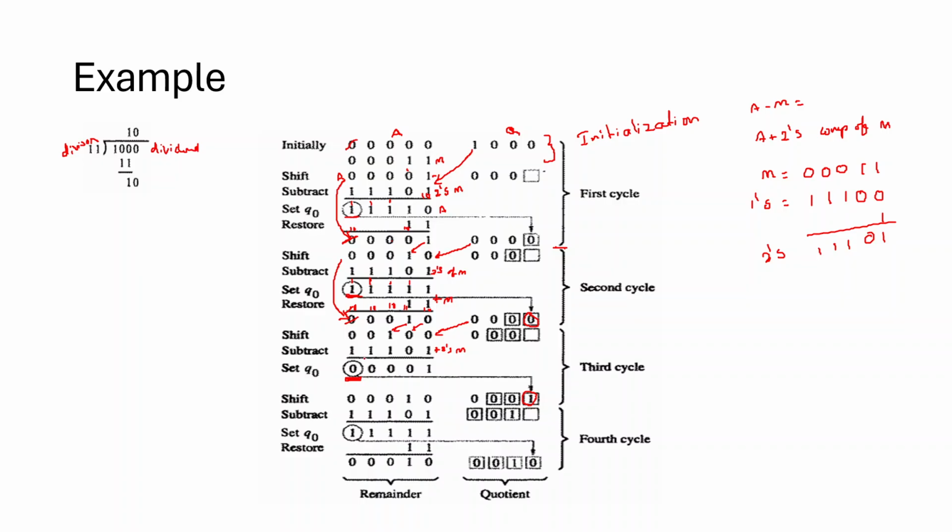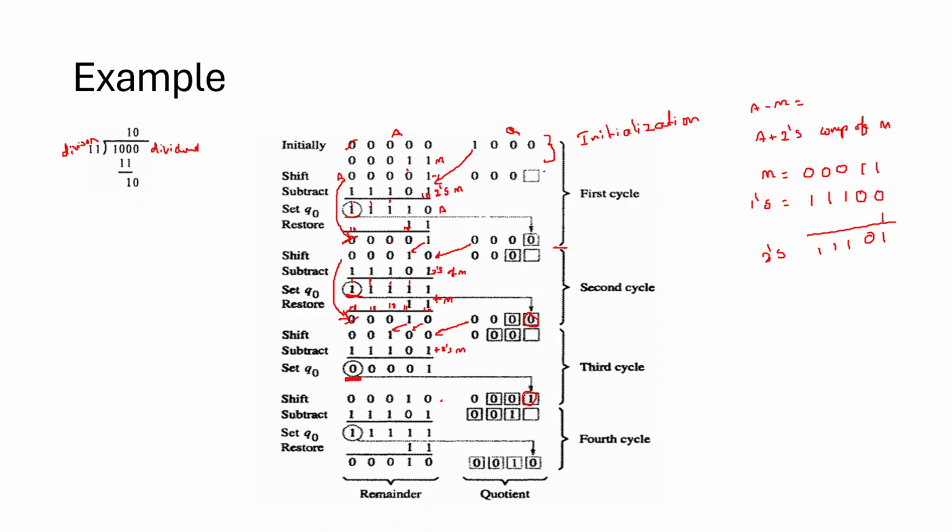That is important. If it is 1, you need to keep the Q0 bit as 0 and perform the restore operation. But if the sign bit of A is 0, keep that Q0 bit as 1 and no need to do the restore operation. Now this is the A1.